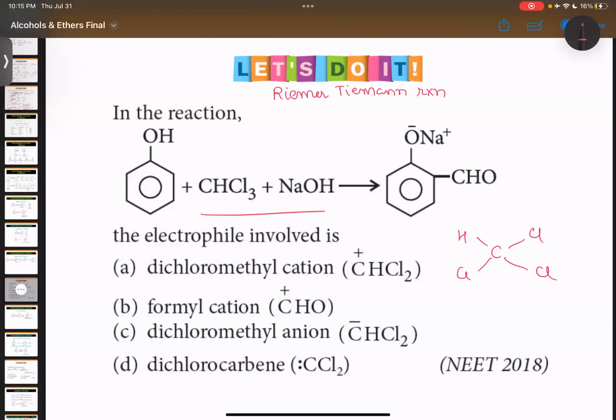That chloroform needs to be converted to some intermediate, and that intermediate will get connected to the benzene. Is it clear or not? So CHCl3, yes. If you remove HCl, you are going to get CCl2, right? Carbene, dichlorocarbene. Is it clear or not? And the removal has taken place with the help of a base. Is it clear?